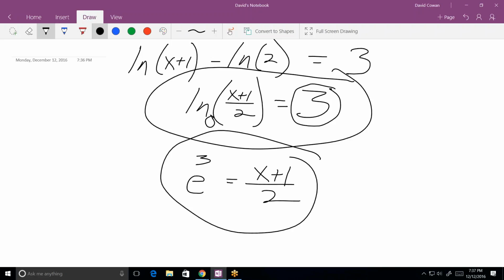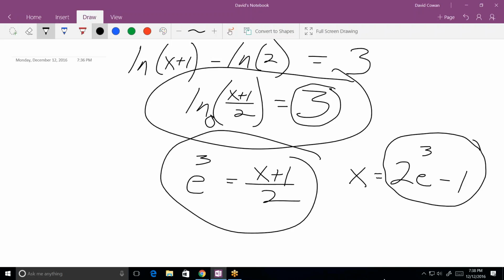So x is going to be equal to 2e to the third minus 1. You can get that number out of your calculator. Actually, that's a fine answer. There's nothing wrong with that answer either, but you certainly don't have to multiply e by itself 3 times to get it.